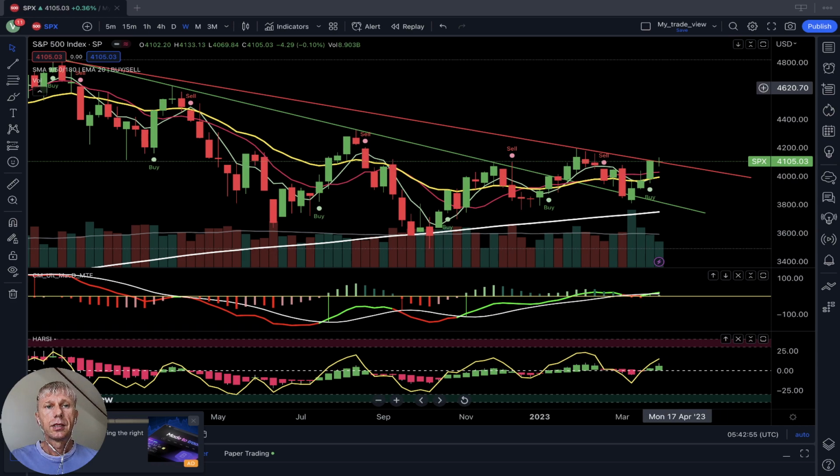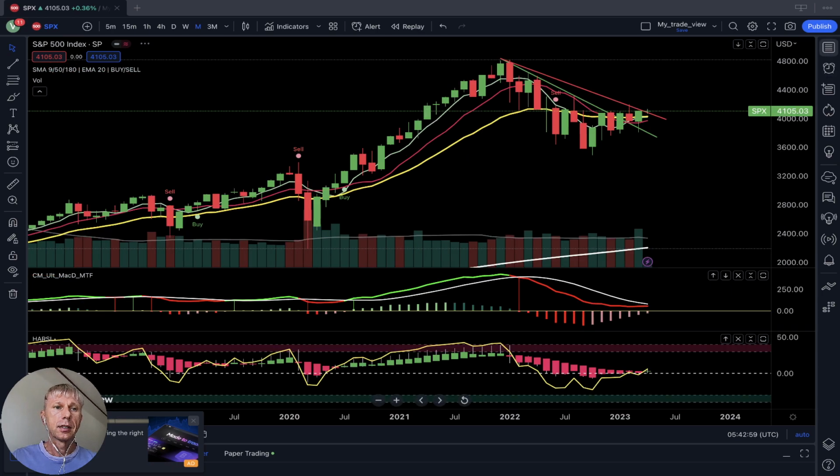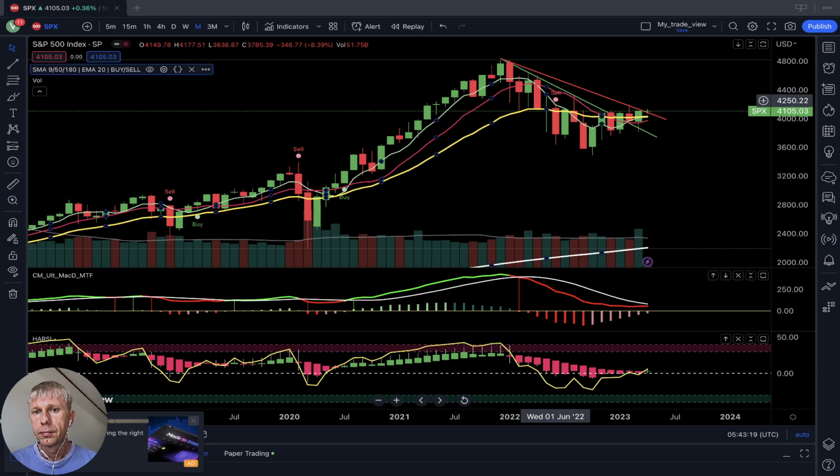That's all. Let's start with the monthly time frame for SPX. SPX MA5 did a bullish crossover. The green line did a bullish crossover over the red line. It's a bullish signal, and the green line even touched, or did a bullish crossover over the yellow line, the 20.